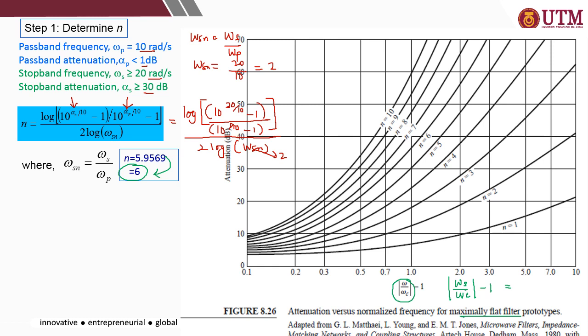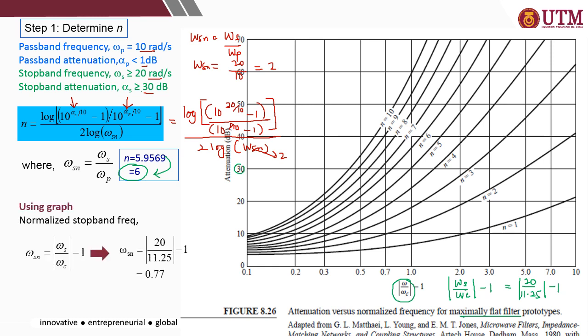In this case, your omega s is 20 divided by your cutoff frequency given in the question, 11.25, minus 1. Once you get the value, you drag the lines across to the attenuation value, which is 30 dB. Then you get the n.